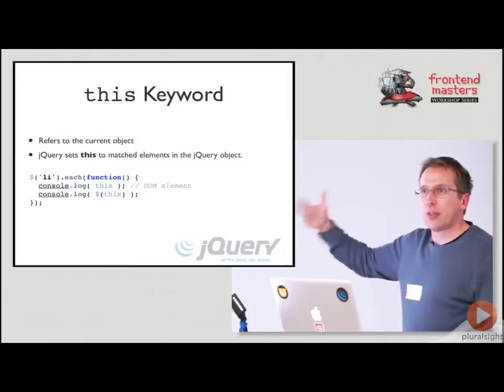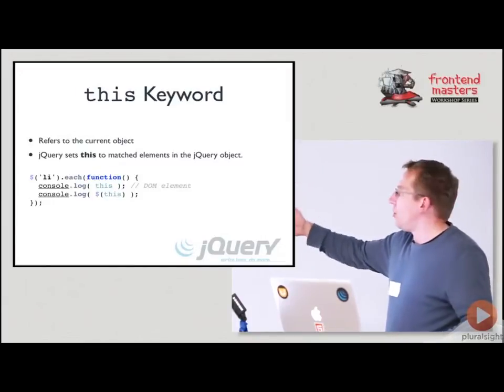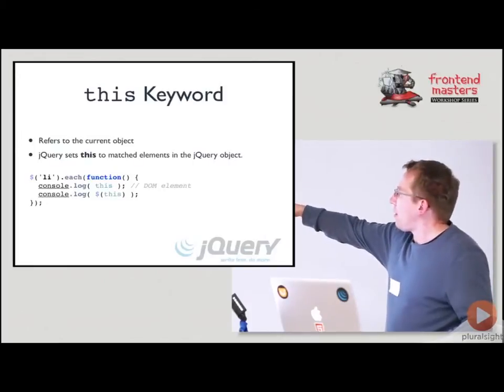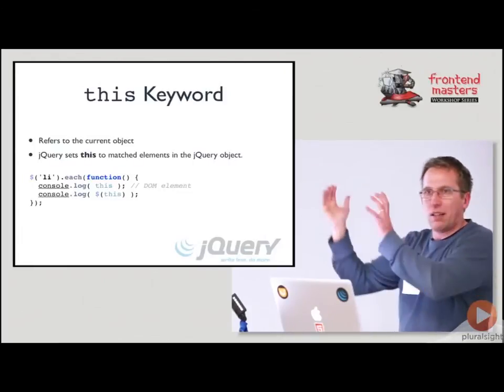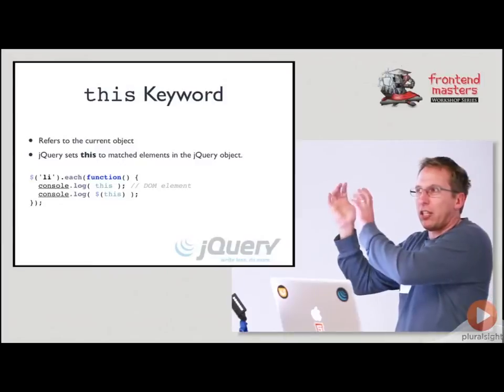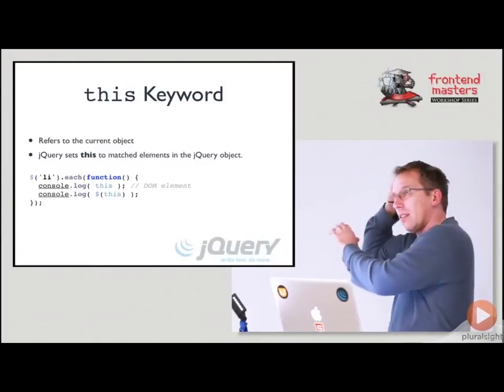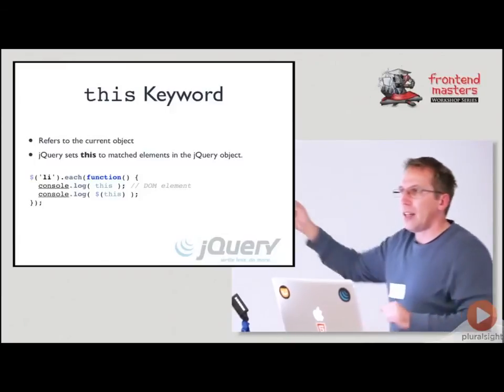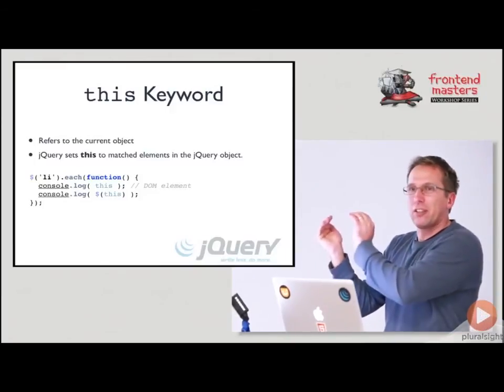Okay? And so you can do something with that. You can use DOM properties or methods on it. If you use it as an argument inside the dollar function, then that becomes your selector, right?